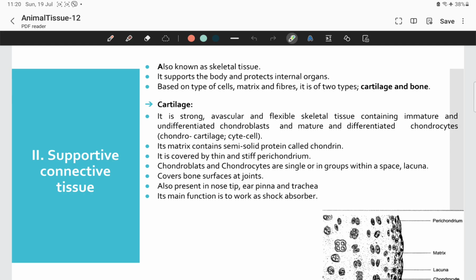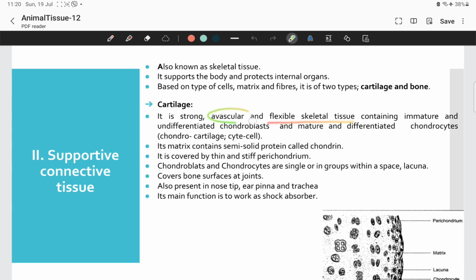It is normally present at our nose tip, the ear pinna, meaning our external ear, and the trachea. It is strong, of course, but it has no blood supply. That's why it is called avascular and flexible skeletal tissue. Our bone is not flexible, whereas cartilage is flexible.